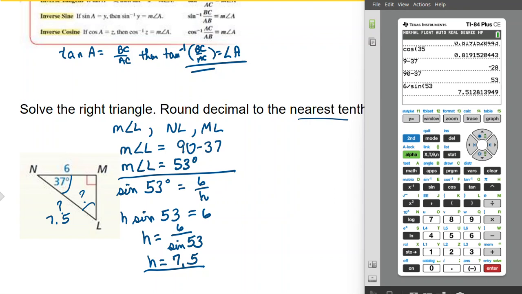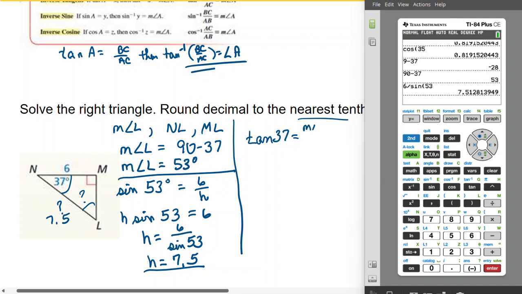So now I can do the tangent. All right, the tangent is opposite over adjacent, right? So I can do the tan of 37 equals the, we don't know it, the ML, which is opposite, over adjacent, which is 6. 6 tan of 37 equals that length.